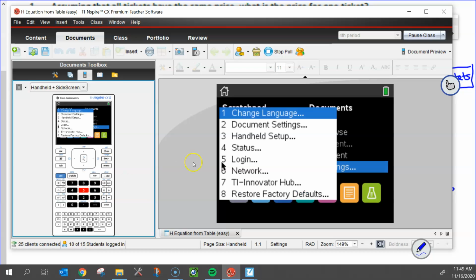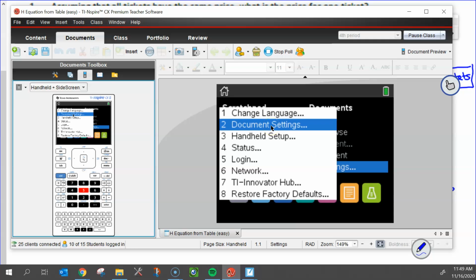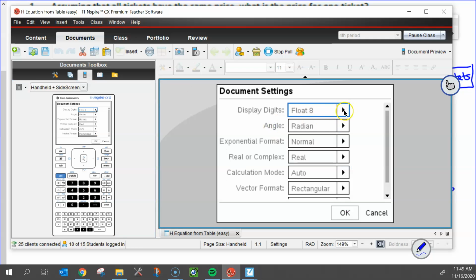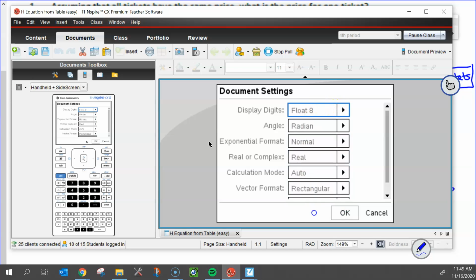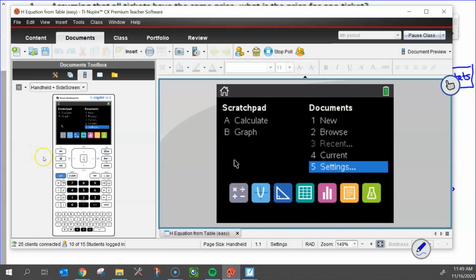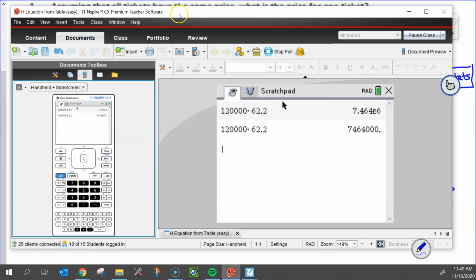So option 5 settings, option 2 document settings, make it at least a float 8. Float 8 should hopefully reduce some of those scientific notation answers. Yes, but we are fine with float 8. We don't need to go up to float 1 million or whatever it says. Yeah, just float 8 is fine. Once you have float 8 selected, hit OK. You'll have to retype in that calculation, but it will show from there on.